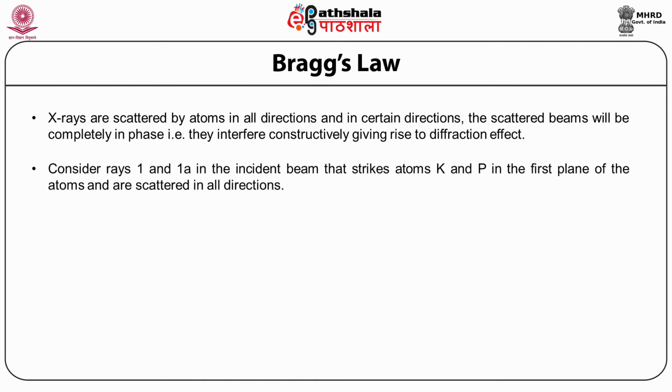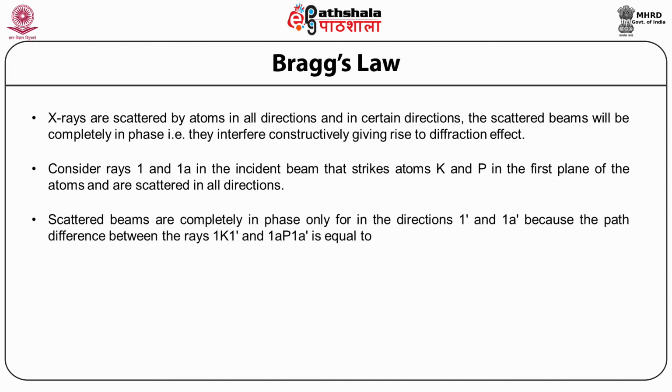Consider rays 1 and 1a in the incident beam that strike K and P in the first plane of atoms and are scattered in all directions as shown in figure 3. Scattered beams are completely in phase only for the directions 1' and 1a', because the path difference between the rays 1K1' and 1aP1a' is equal to QK minus PR, equals PK cos theta minus PK cos theta, equals 0.